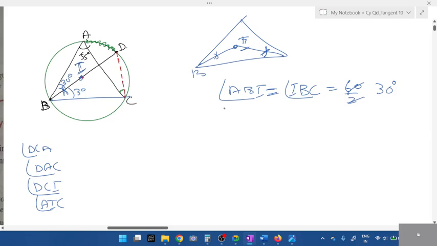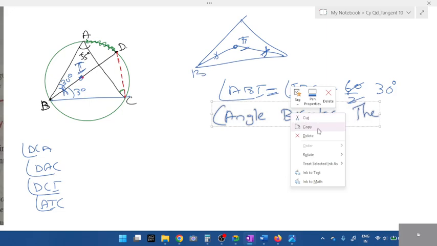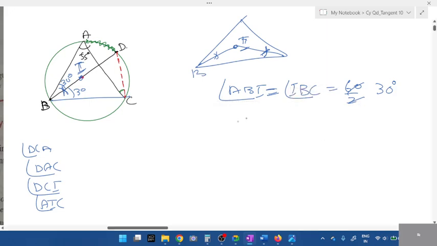This is actually the angle bisector theorem, but for now it is not required. This is a totally different concept. Just write this. Next, angle DAC is what they've asked to find. DCA is equal to angle DBA. Angles formed on the same segment are equal.